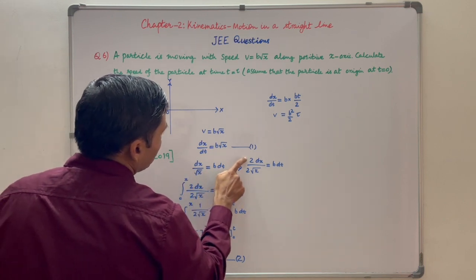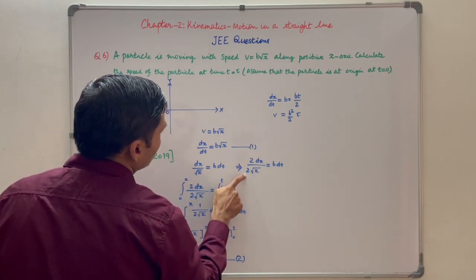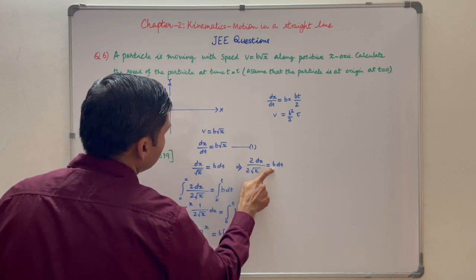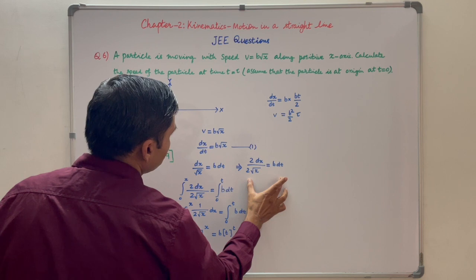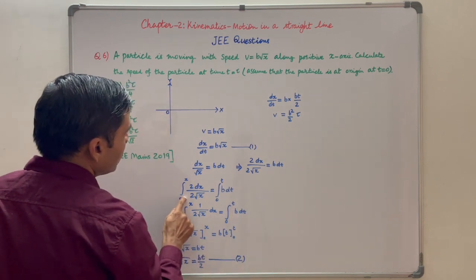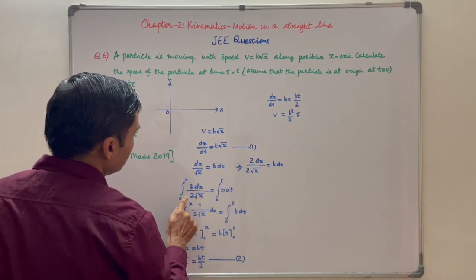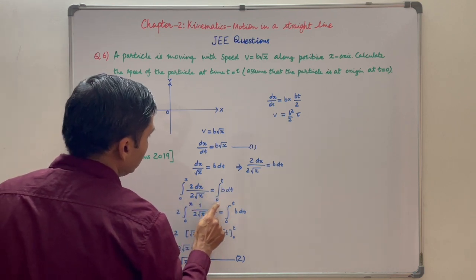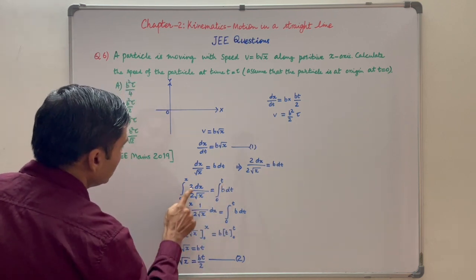Now we can multiply both numerator and denominator by 2. So it is 2 dx upon 2 root x is equal to b dt. Now integrate both the sides within limits. So integration of 2 dx upon 2 root x within limits 0 to x is equal to integration of b dt within limits 0 to t. Take 2 out.